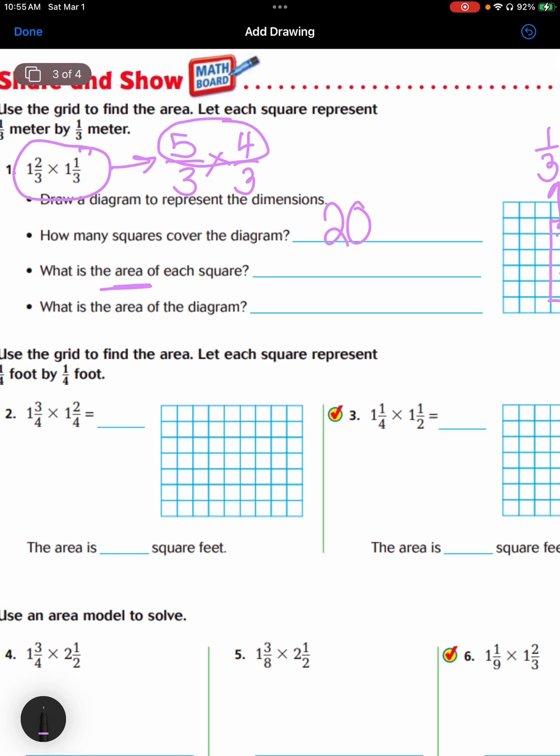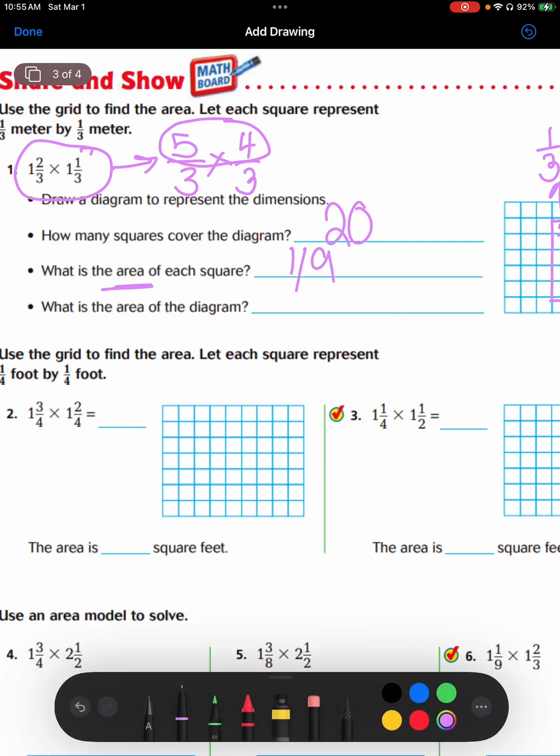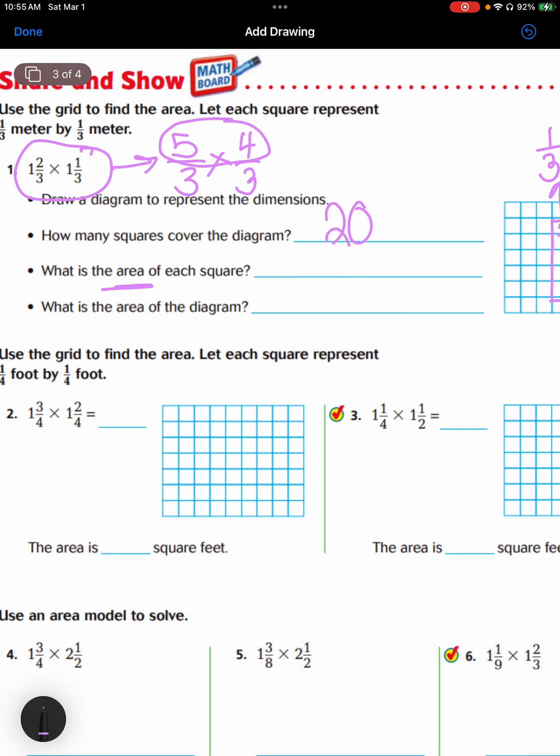Okay, so that's what our answer is for the second bullet. And what is the area of the diagram? So if we know we have 20 squares and each square represents 1/9, we can divide 20 by 9.